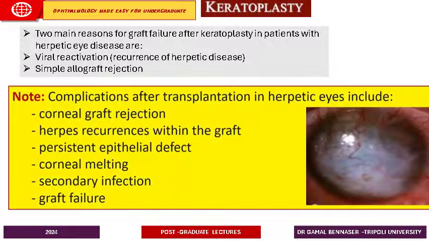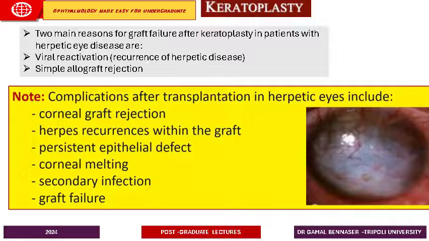I need to remind you that the complications after keratoplasty in herpetic eye disease are many. The most common are graft rejection or the recurrence itself, as I said. Sometimes you will have a persistent epithelial defect or corneal melting, secondary bacterial infections, and at the end, there will be a graft failure.